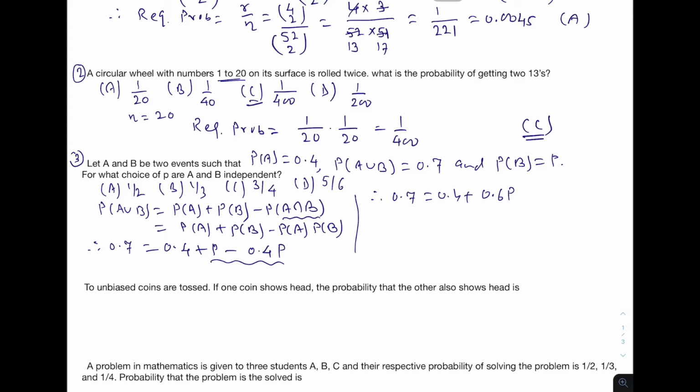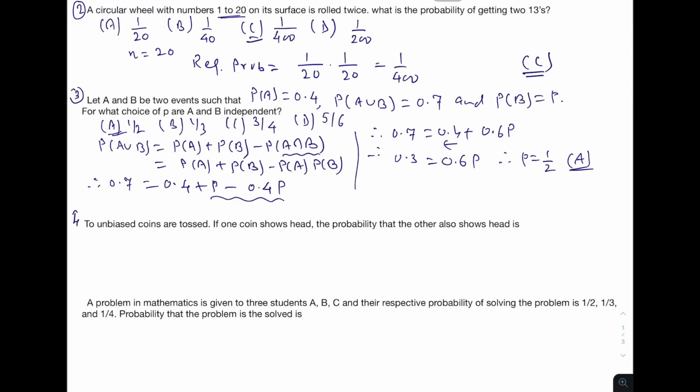Okay, and so 0.3 equal to 0.6p, and therefore p equal to 1 by 2. So the option A is the answer.